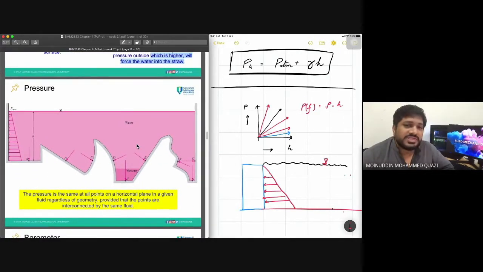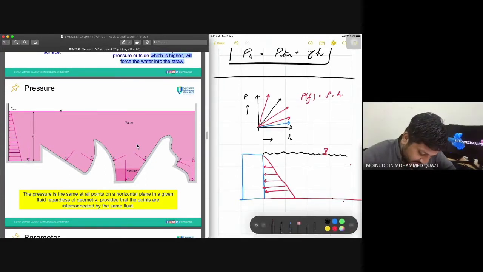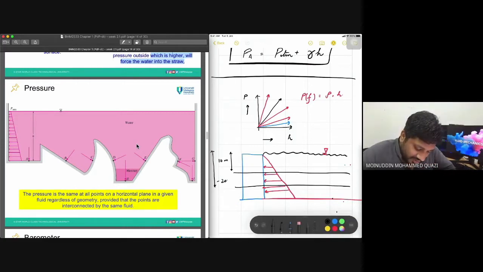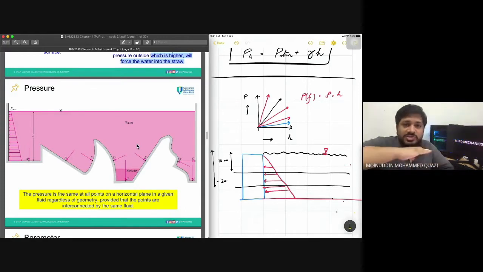Now, what about pressure values? What is the value of pressure at this height and at this height? Let's say this is 10 meters, and this is, let's say, 20 meters. When we talk about pressure, pressure varies only with respect to height, but does not vary with respect to horizontal distance.